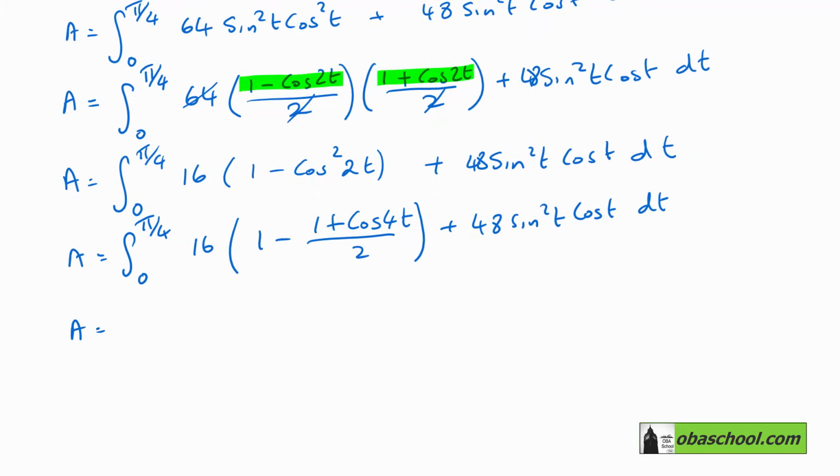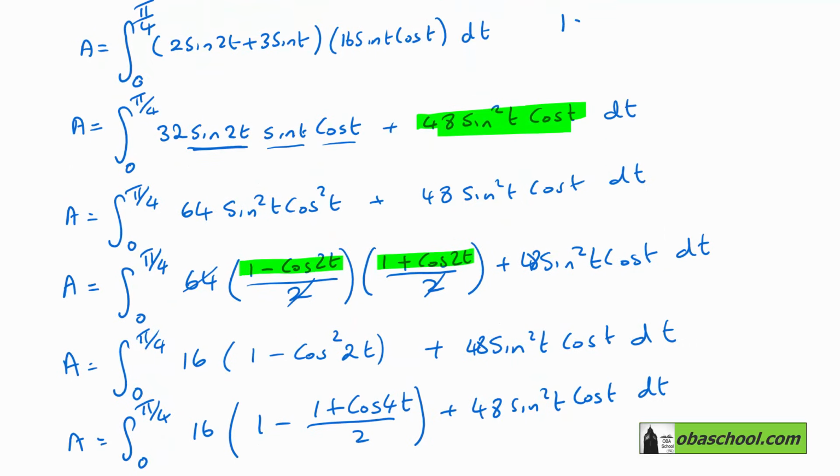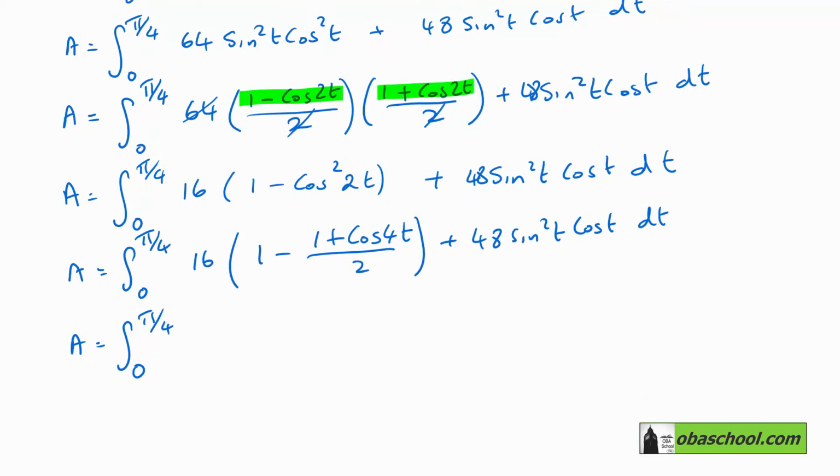And so note what we're going to get here. It's going to end up being 1 take away a half, take away cos 4t over 2. So we have 16, a half, take away cos 4t divided by 2, plus 48 sine squared t cos t dt.